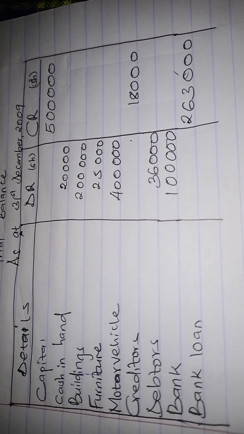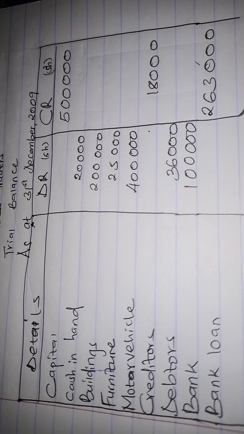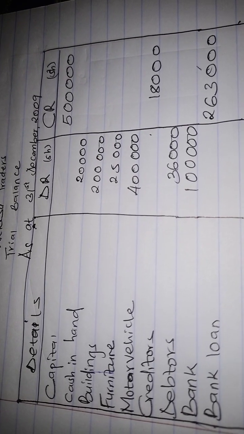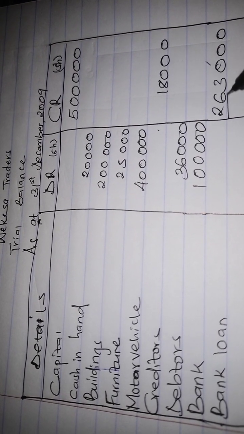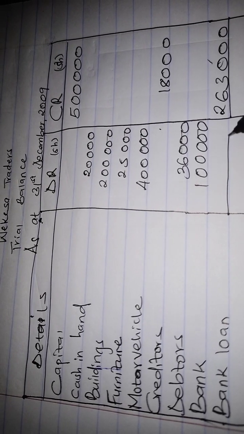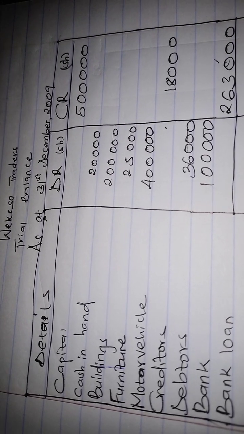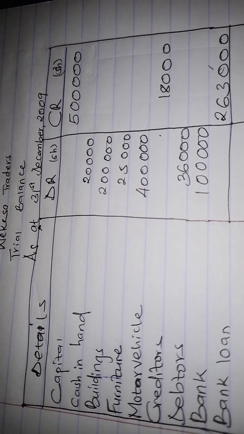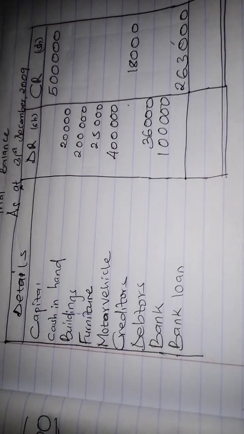Then the next step is to close our account, and we are going to close it by totaling both the debit and the credit side. And by the end of the day, the two should be able to agree, should be equal.